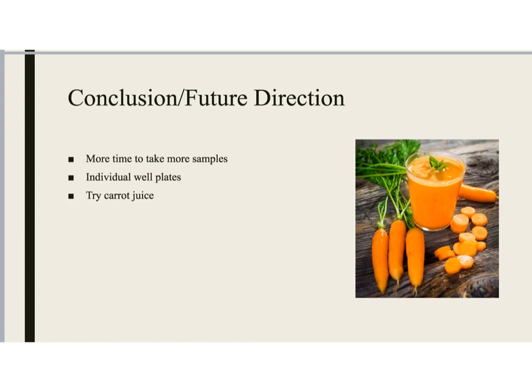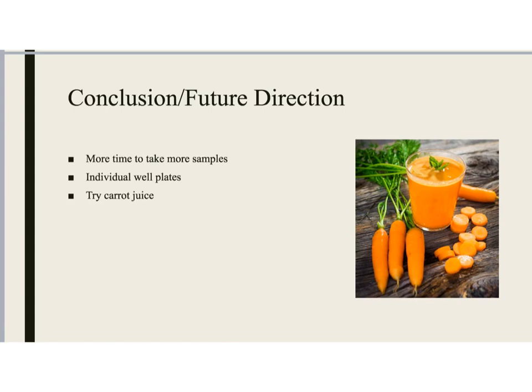Also, I would like individual well plates because we used the well plates as a class. People might have been able to put their treatment into my well by accident, causing me to have greater significance and greater apoptosis than maybe what my actual extract would have been.